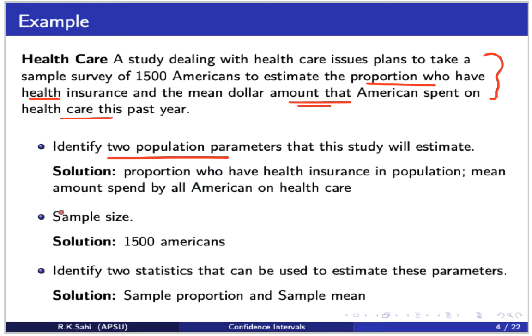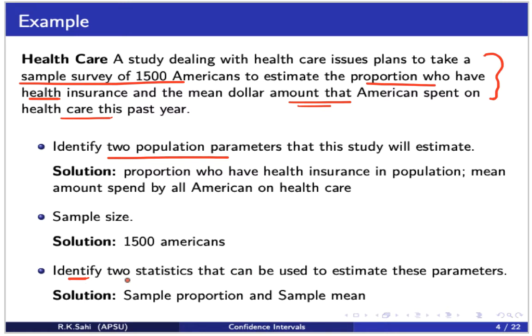Now, what would be the sample size? The sample size is a sample survey of 1,500 Americans. Okay, now what would be the two statistics? Identify the two statistics which will be used to estimate these parameters. Remember, the word parameter is always used for the population, and statistic is used for the sample data set.